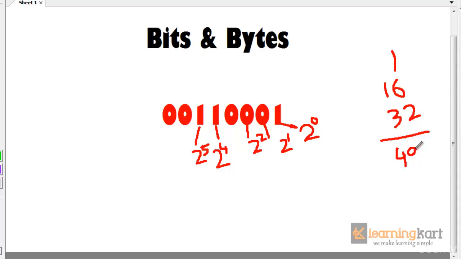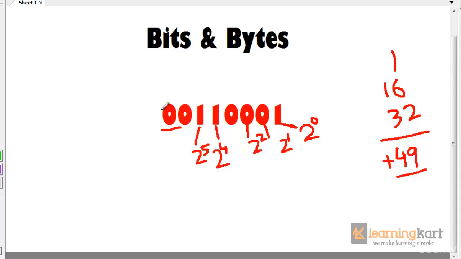Now how do we know whether this number is positive or negative? The extreme left bit actually tells us this. If the extreme left bit is 0, the number is positive, and we can write a plus here. In case the extreme left bit is 1, the number is negative.